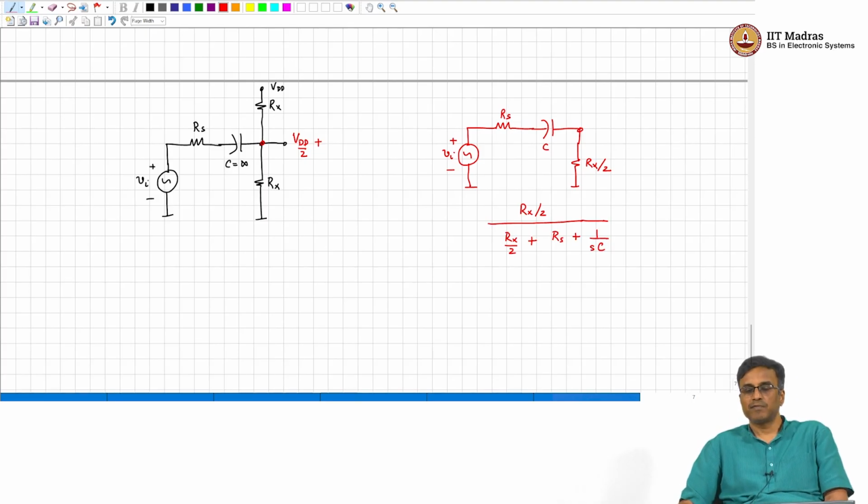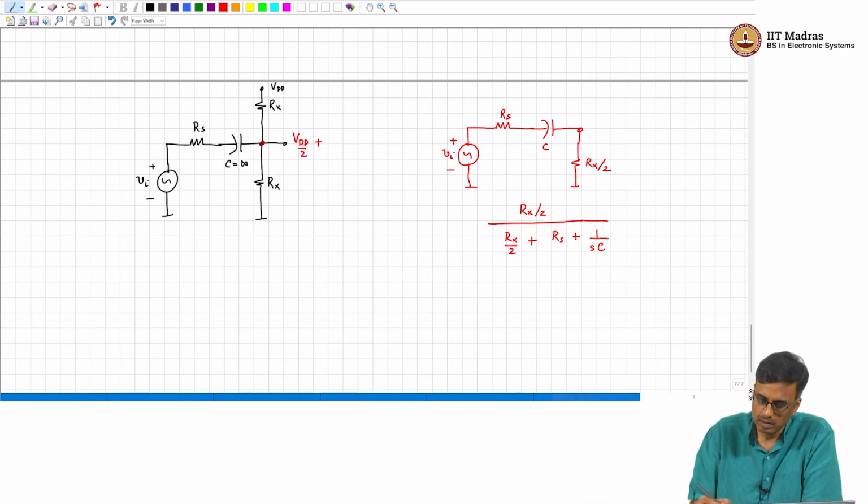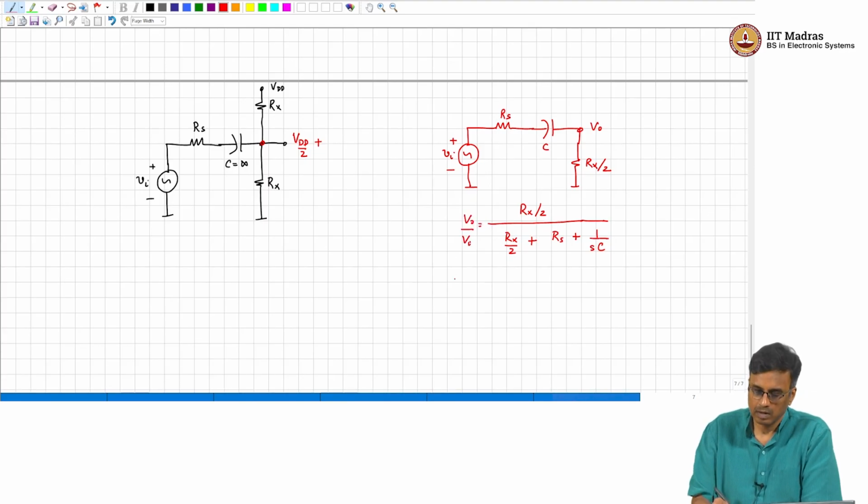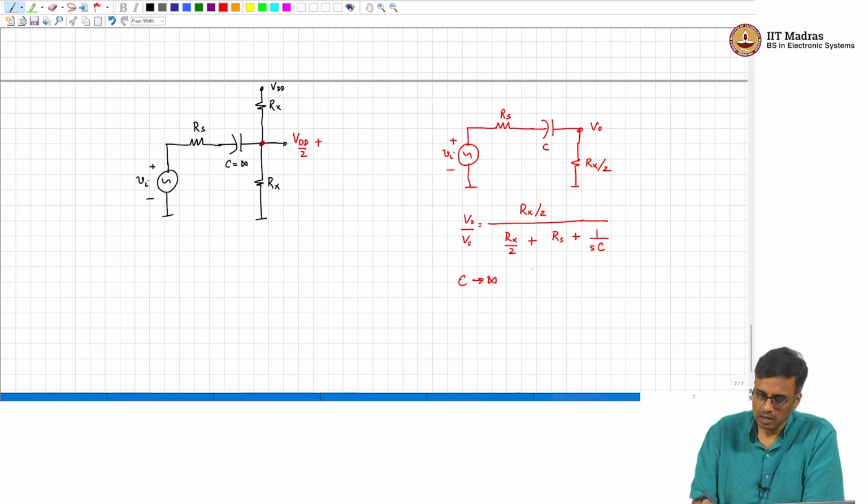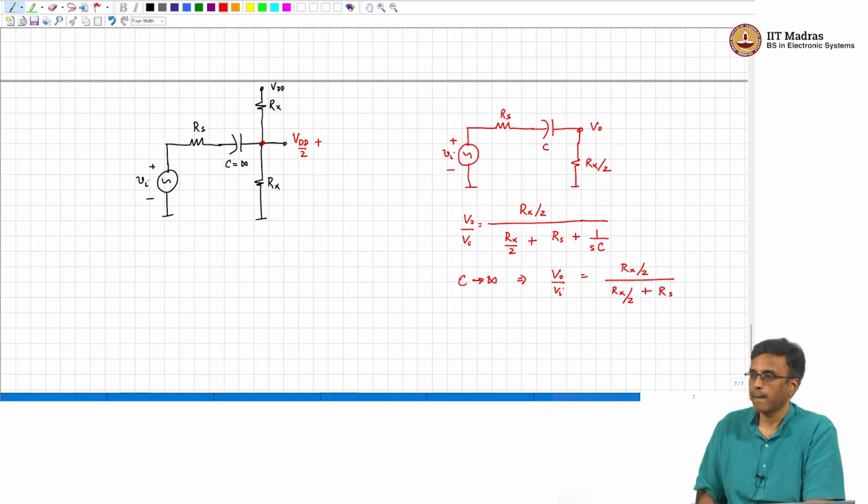So, if C becomes infinite, then VO by Vi is nothing but Rx by 2 divided by Rx by 2 plus Rs.